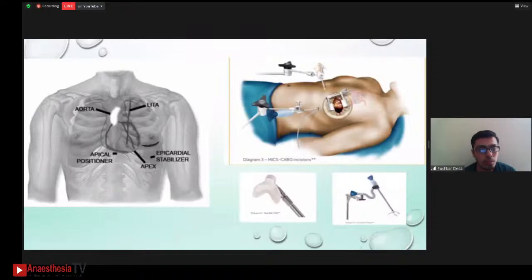Then for the anastomosis purpose, we use the apical stabilizer, that is Starfish, and the epicardial stabilizer, Octopus. So basically the picture looks like this.